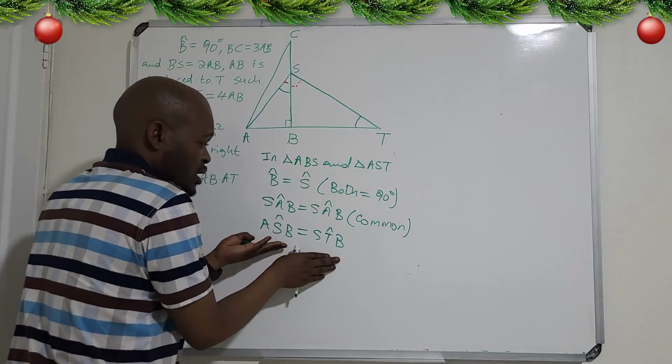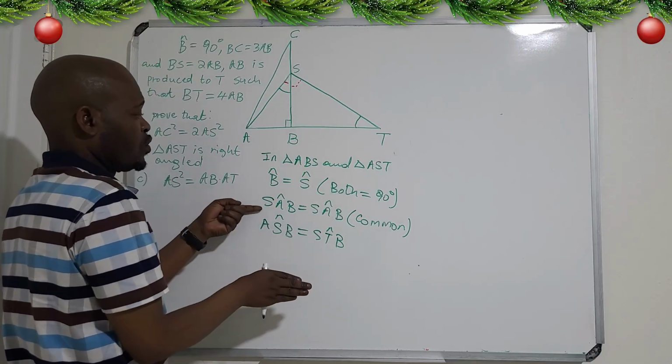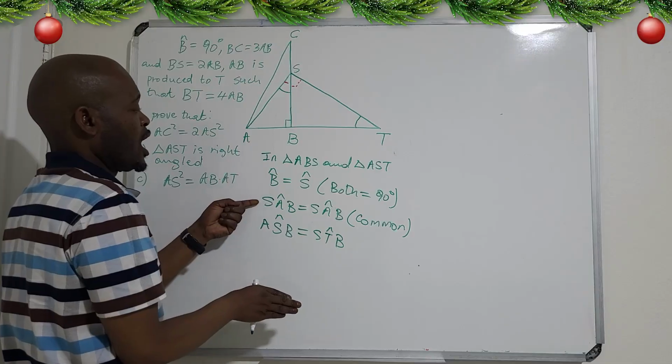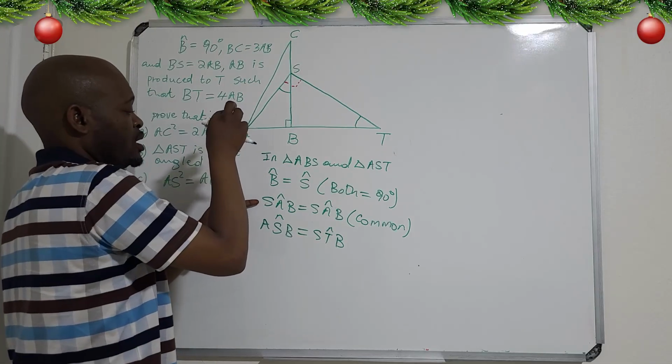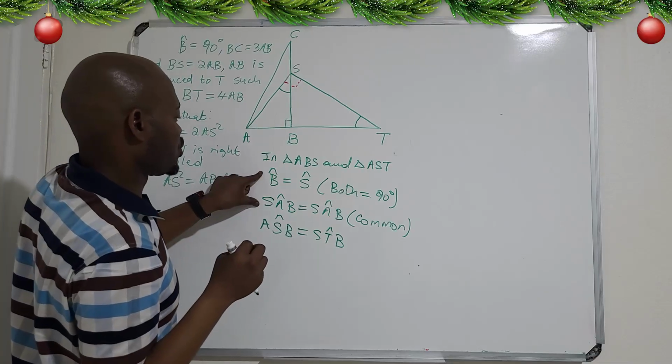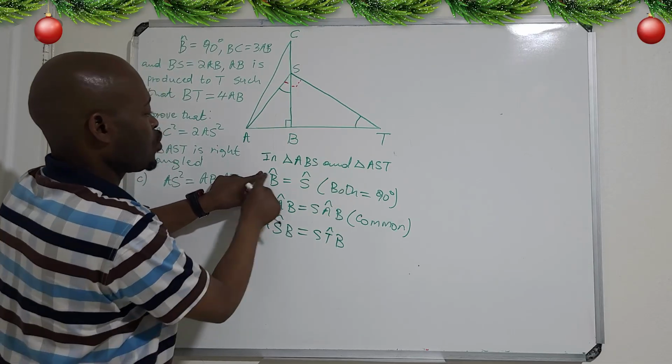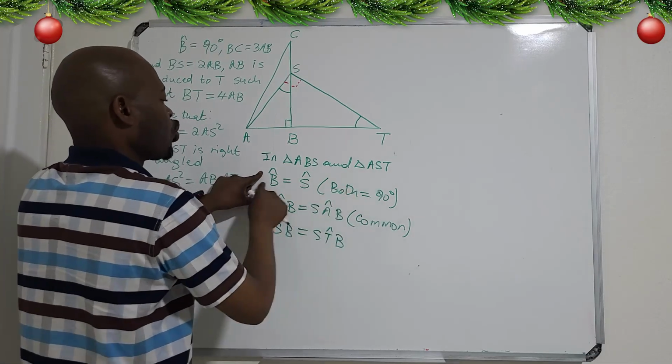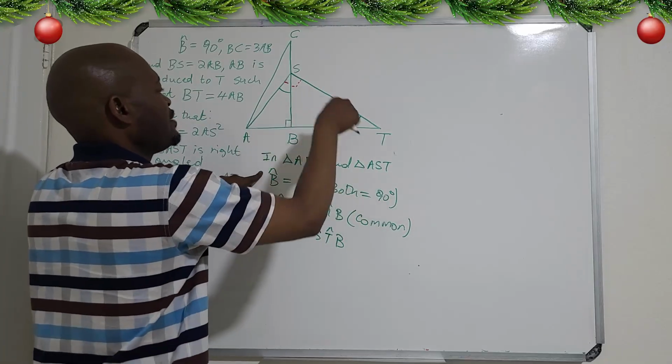Even if we didn't do that, when there are two angles in one triangle which are equal to two angles in another triangle, like these two, then we can conclude that the two triangles are similar.